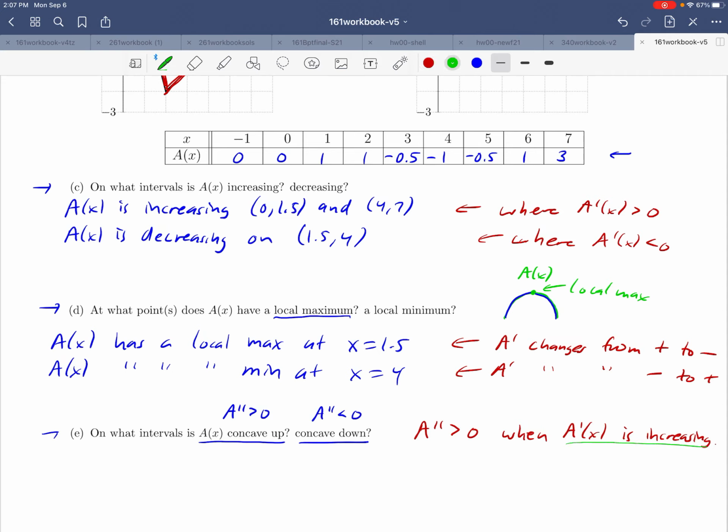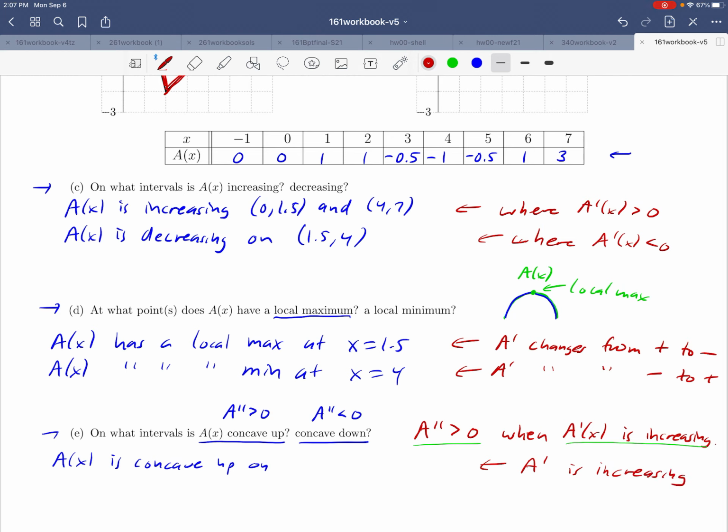If the first derivative of a function is increasing, then its derivative is positive. That's where this second derivative positive comes from. So in a nutshell, we can answer this question of where a of x is concave up by just looking for places where the derivative is increasing.